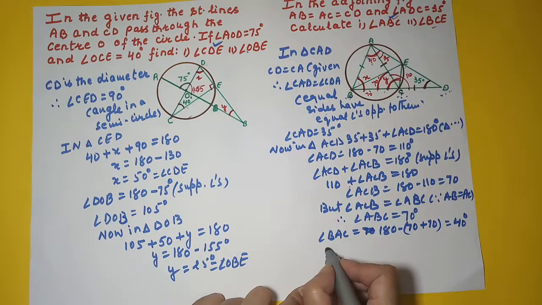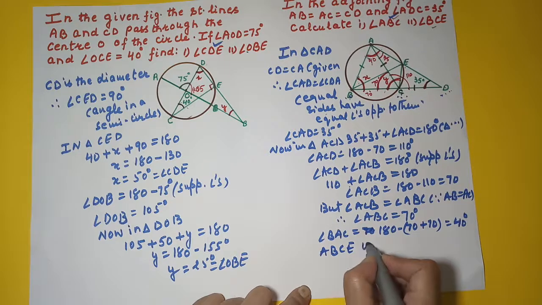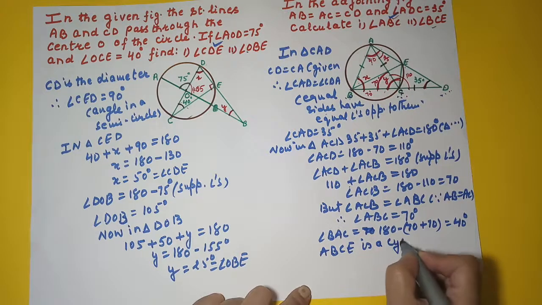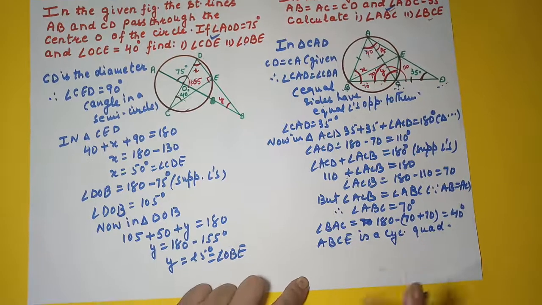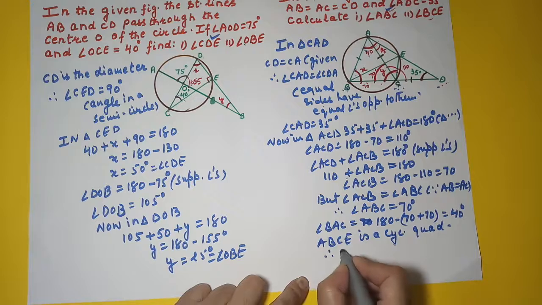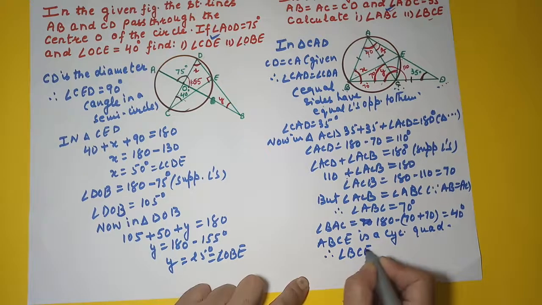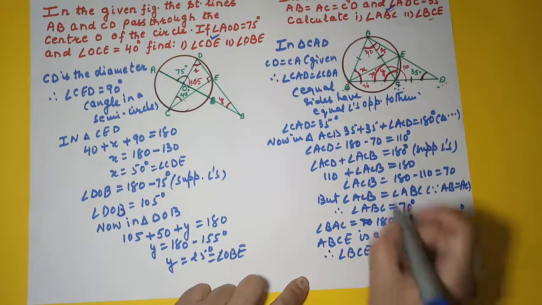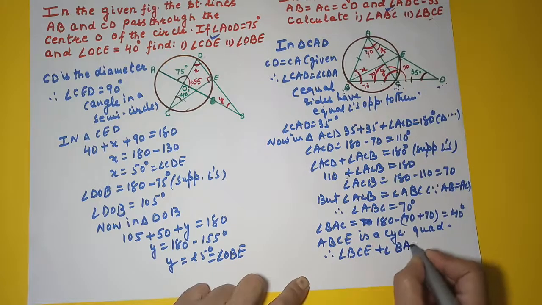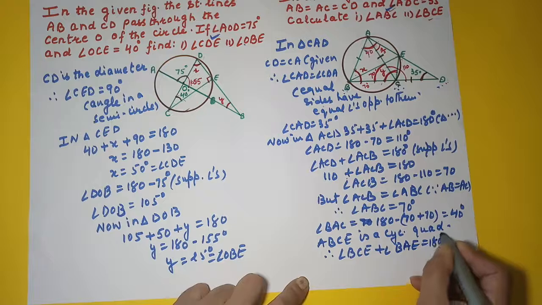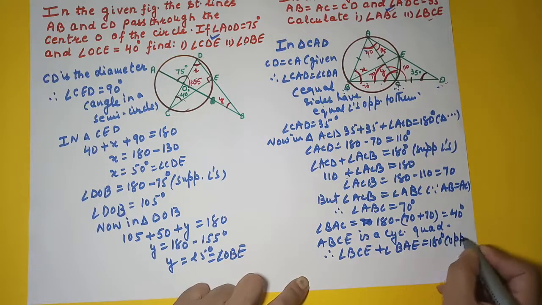Now you can write ABCE is a cyclic quadrilateral. So sum of its opposite angles is 180. So you can write, therefore angle BCE plus angle BAE is equal to 180. Opposite angles of a cyclic quadrilateral.